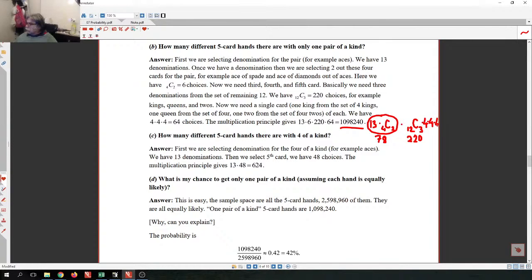Okay, I just barely squeezed this in. So you have, again, pair of a kind, 13 different ways. 3 denominations in which you're selecting for a third card, fourth card, and fifth card. And then 4 possible ways to get this third card once you have the denomination. 4 possible ways to get the fourth card once you have the denomination for the fourth card. And the fifth card, the same story. So now, this is 78 times 220 times 4 times 4 times 4.